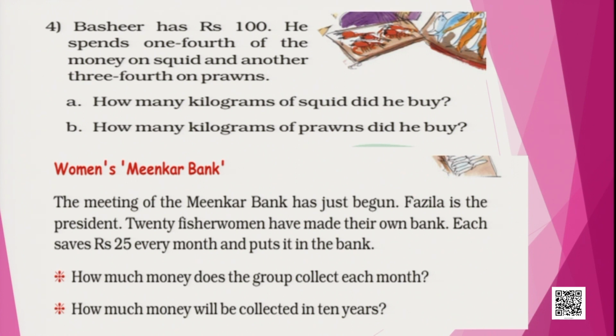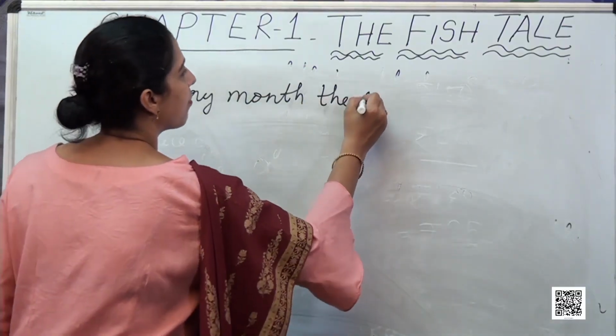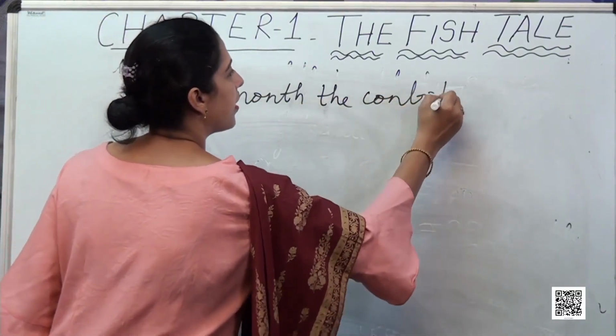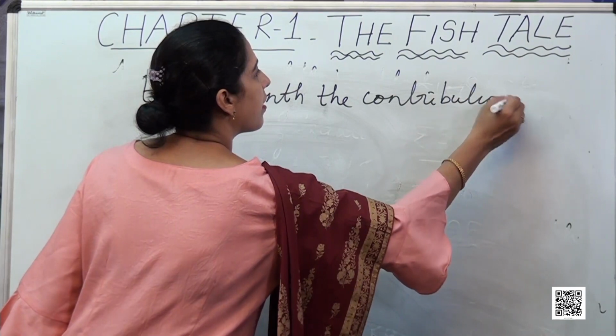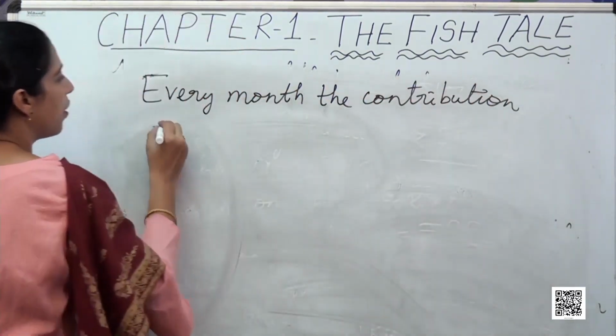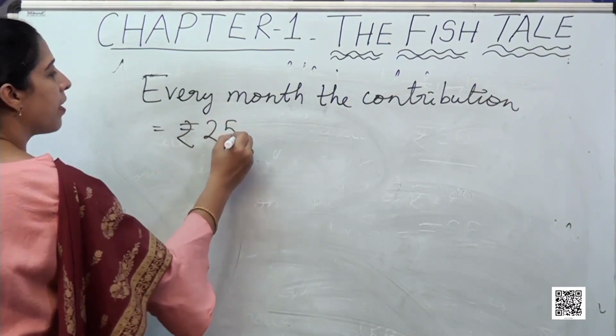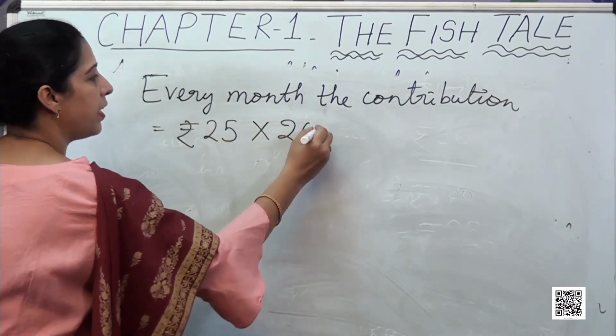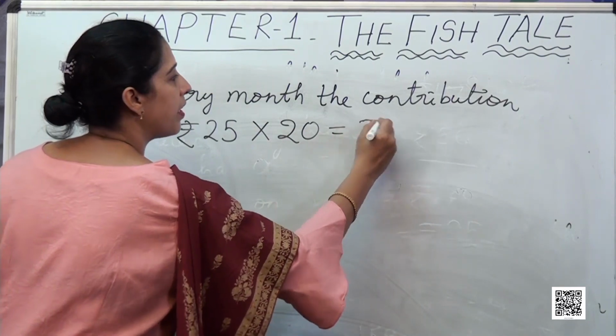Every month the contribution is 25 rupees, and how many women are there? 20 women. So it is 500 rupees.